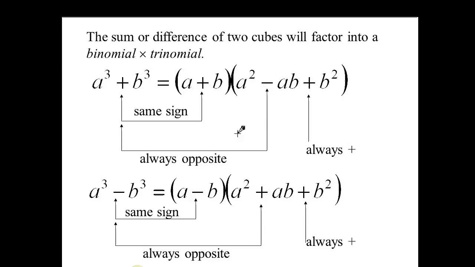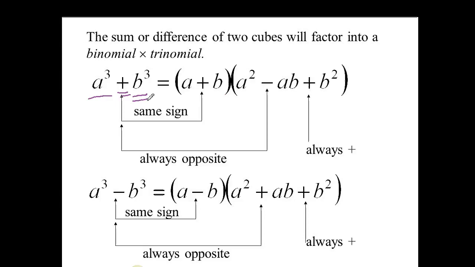We're going to be doing the sum and difference of two cubes. So if you see a problem that looks like a variable cubed plus a number that could possibly be a cubic number, then you can use this equation: a plus b times a squared minus ab plus b squared.